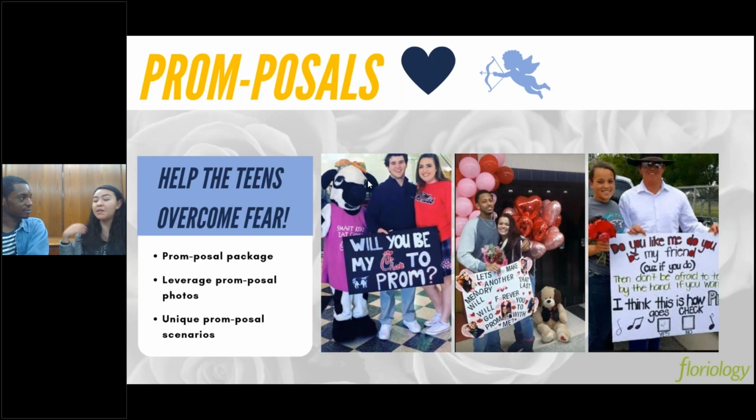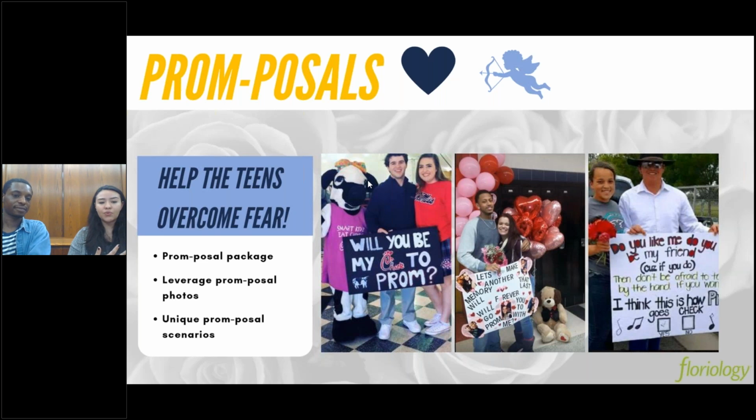And you can tell the people, not only on your social media, but also in your physical store, that you have these promposal packages. So this would be, you get a corsage, a boutonniere, a bouquet to ask for promposal, balloons, and plush, and you make it a package, and you would price it accordingly to what you have set up. But this way you're creating a value package for that Gen Z. A one-stop shop.